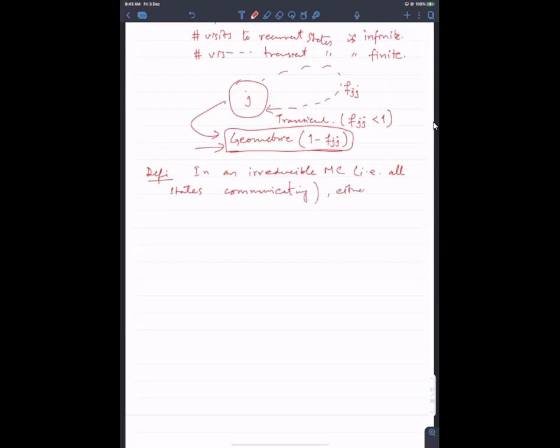So either all states are recurrent or all are transient.